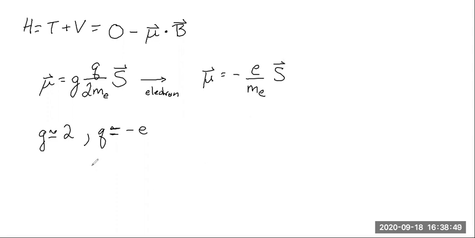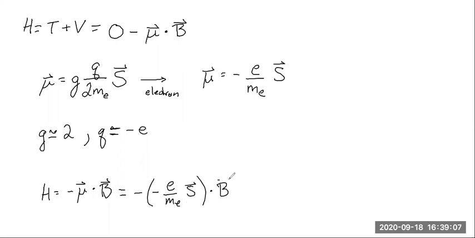So the Hamiltonian in this case, which is minus mu dot B, is then equal to minus mu, which is minus e over m sub e, spin, dotted into the magnetic field here.